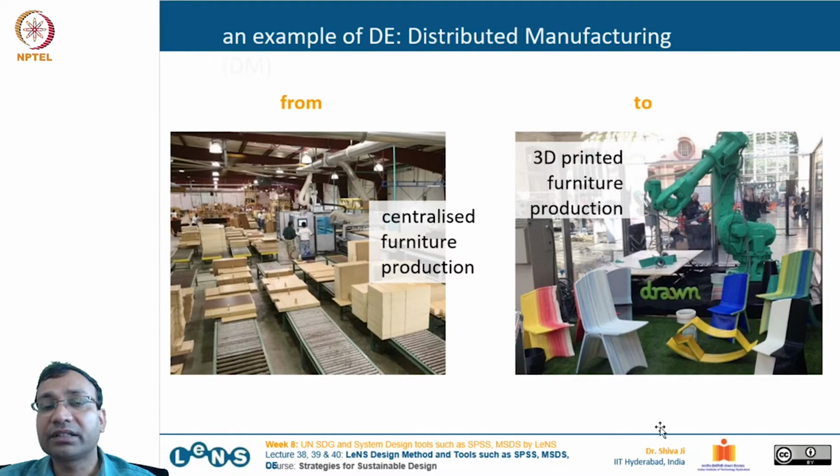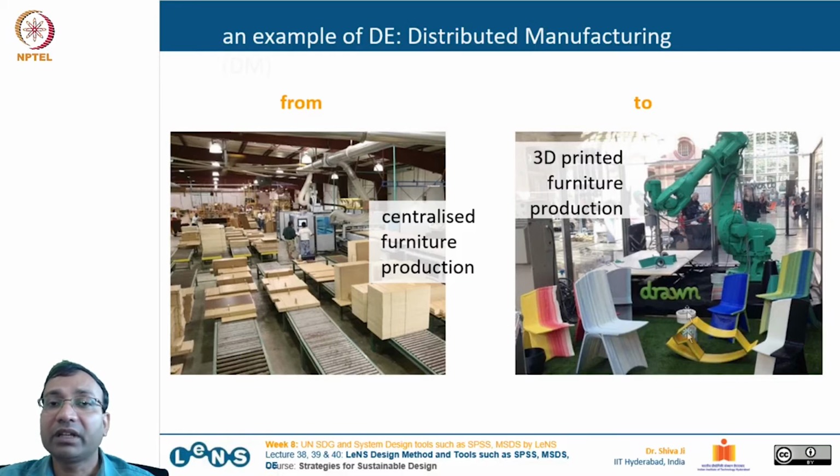Another example is centralized manufacturing units, where maybe one country supplies to n number of countries. Why can't we have distributed manufacturing systems also, with manufacturing facilities in most places, almost every state? Why can't we have such facilities?